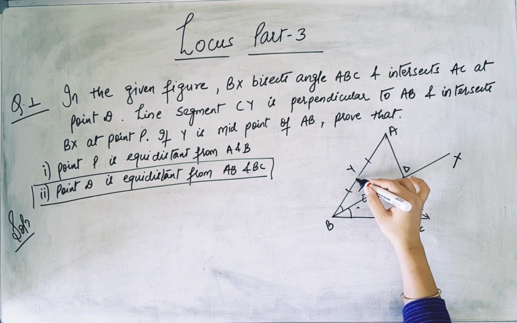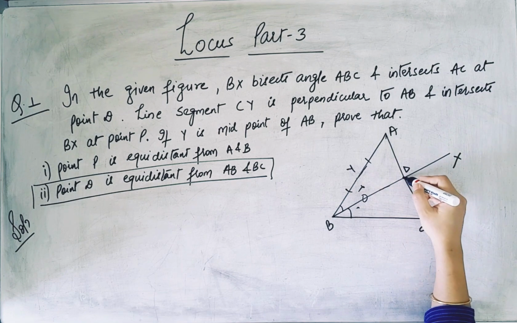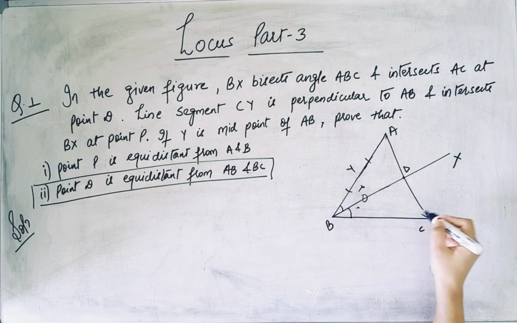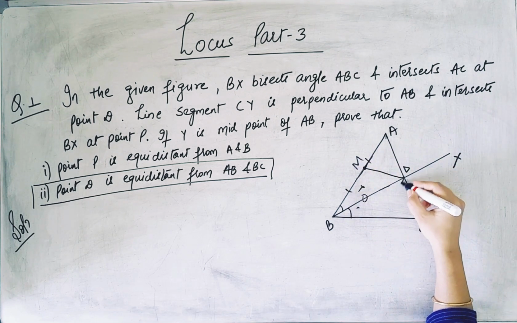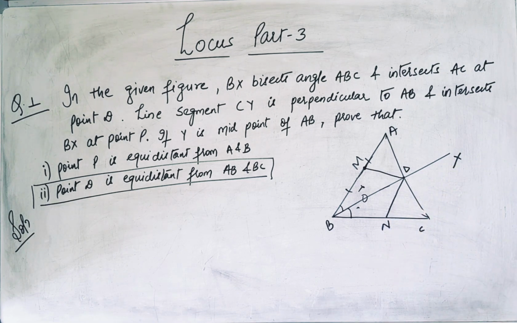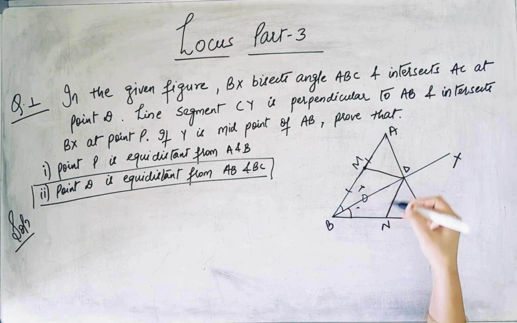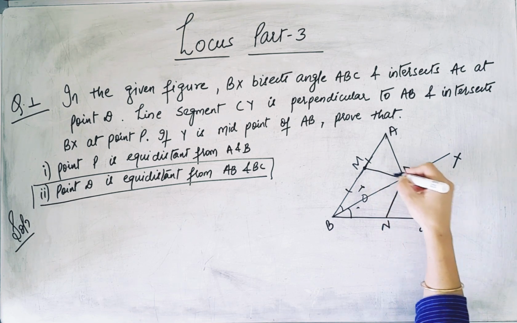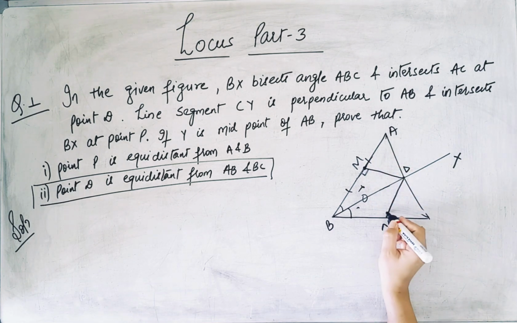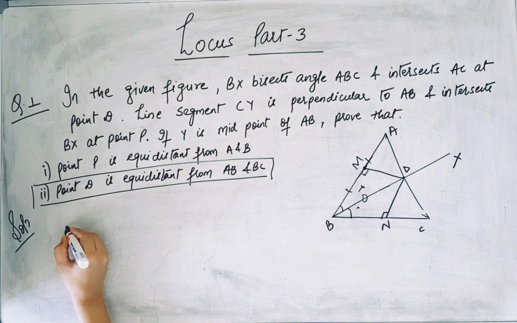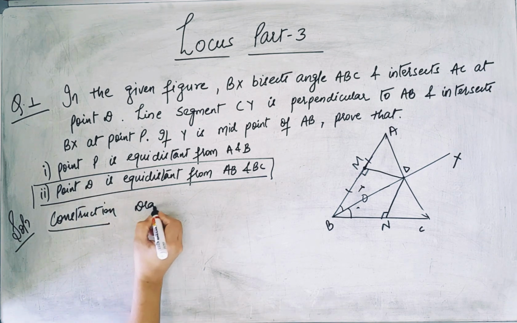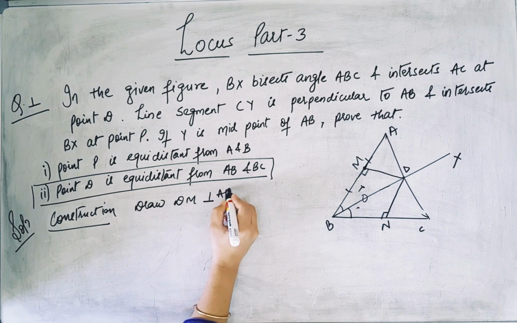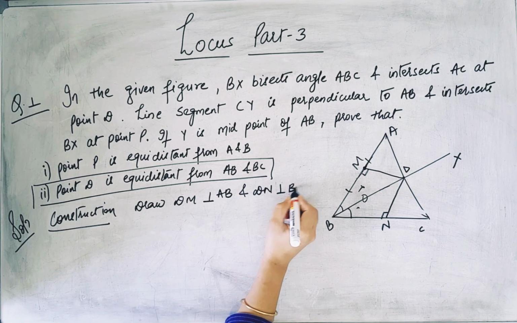Now I'll consider here one point, that is M, and here one point, that is N. So we have to prove that DM is equal to DN. So we'll draw DM perpendicular to AB and DN perpendicular to BC. So the construction will be: draw DM perpendicular to AB and DN perpendicular to BC.